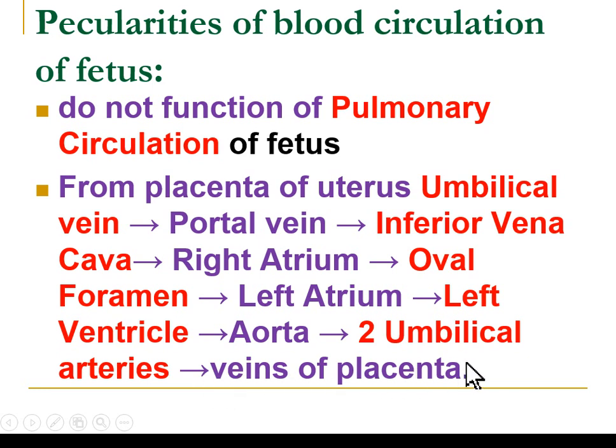It is the circulation inside the fetus: umbilical vein, portal vein, inferior vena cava, foramen ovale from the right atrium into the left atrium, left ventricle, aorta, umbilical arteries, and veins of the placenta.